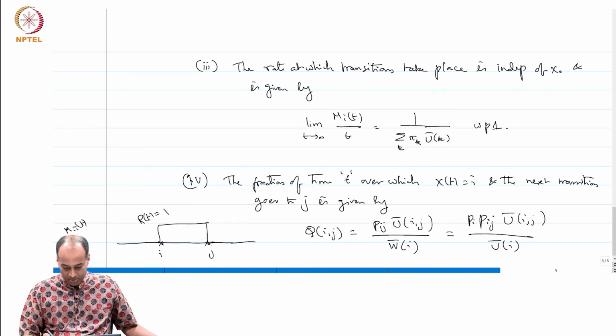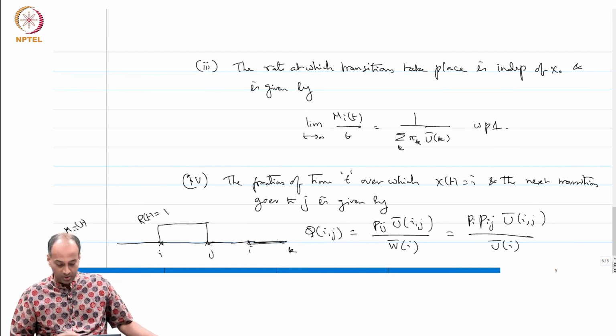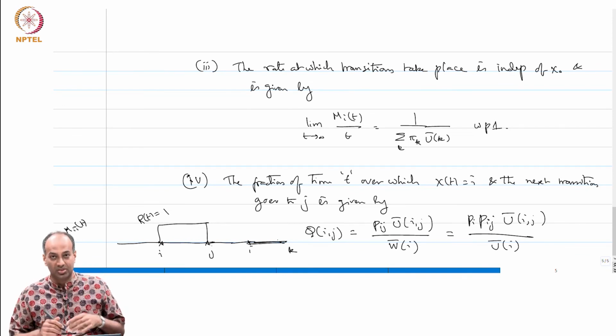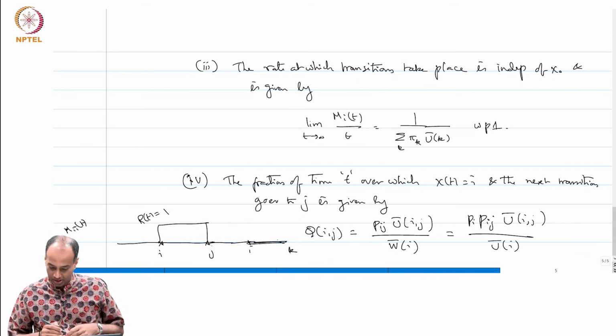But if you are in state i and the next transition is to state k, you do not give any reward, you get 0 reward. You can easily calculate the fraction of time you spend in state i transitioning into state j, and that comes out like this.